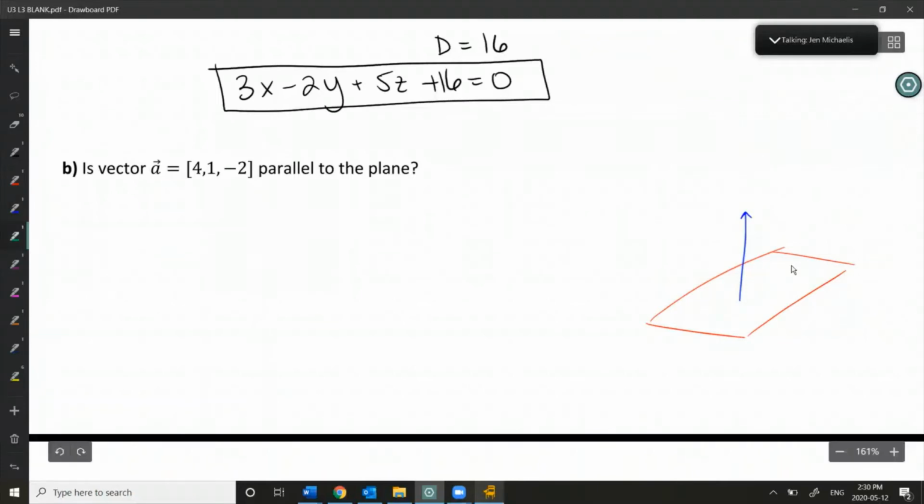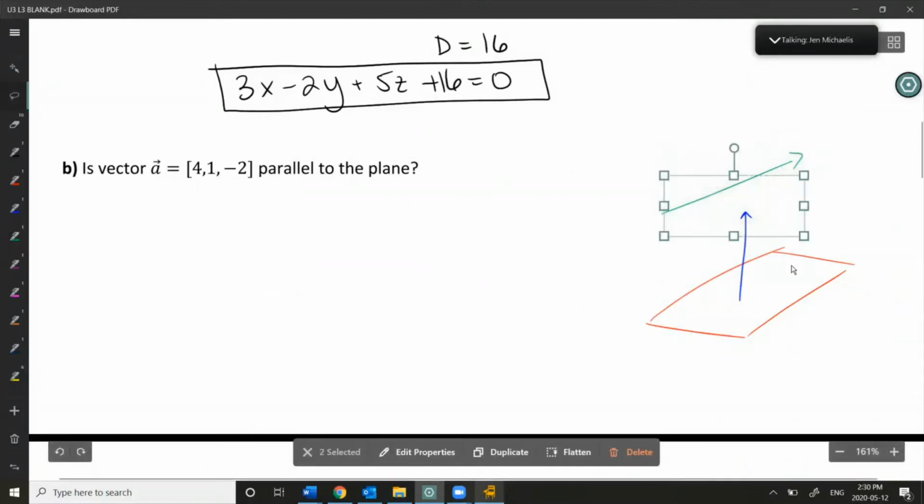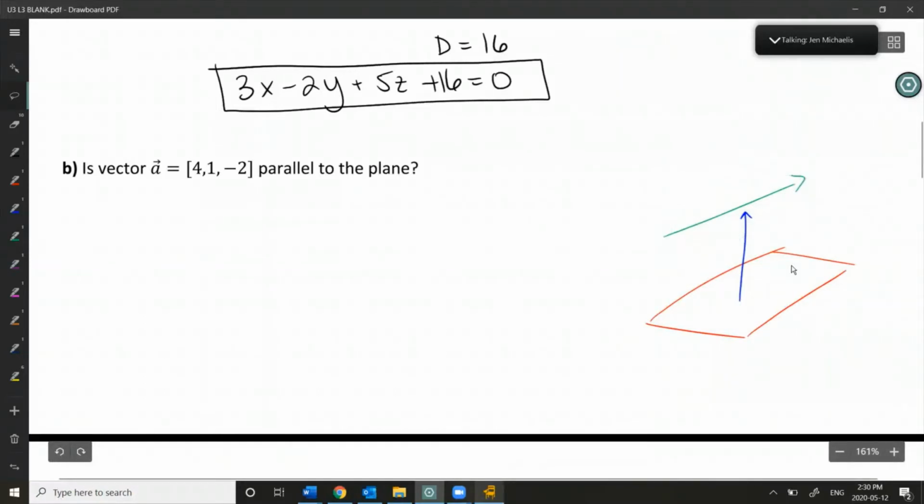If I have another vector that's parallel to my plane, that means that vector is actually perpendicular to the normal, right? If I move this down and we connect these two, then they must be meeting at a 90-degree angle if that vector is parallel to my plane.